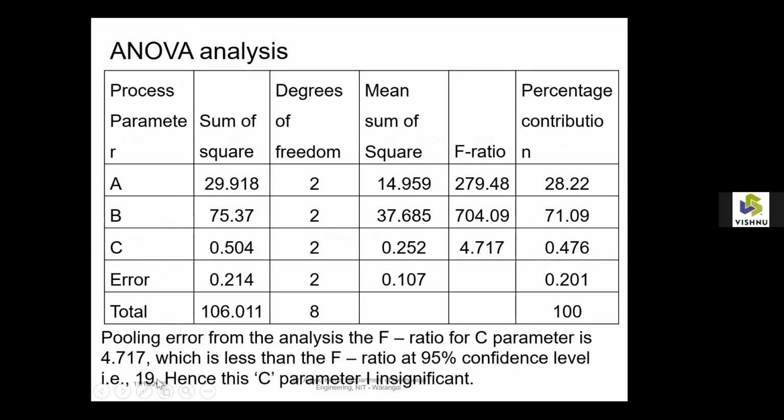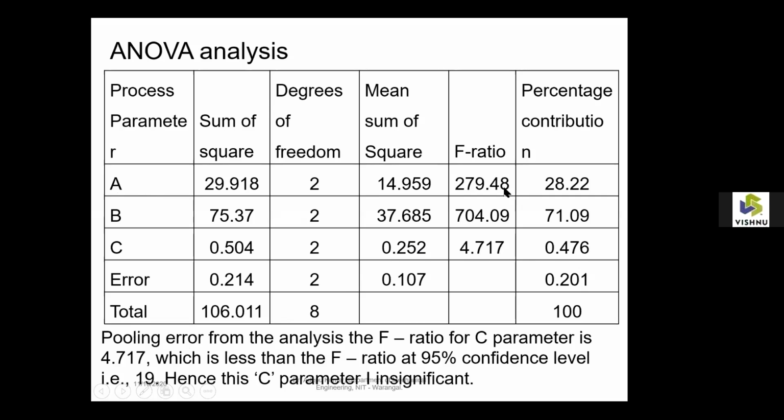So if the tabulated value is 19 and your calculated value is more than 19, those parameters are significant. That is, A and B are more than 19, so these two are more significant, whereas 4.717 is insignificant.